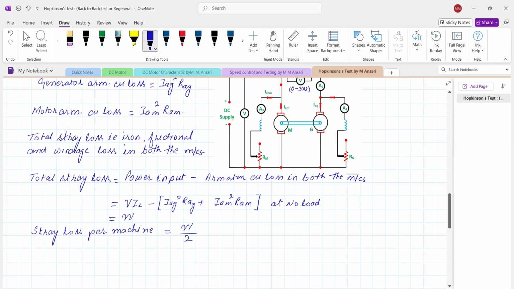This is for the input power for both the machine set. So WS is the stray loss for each machine.